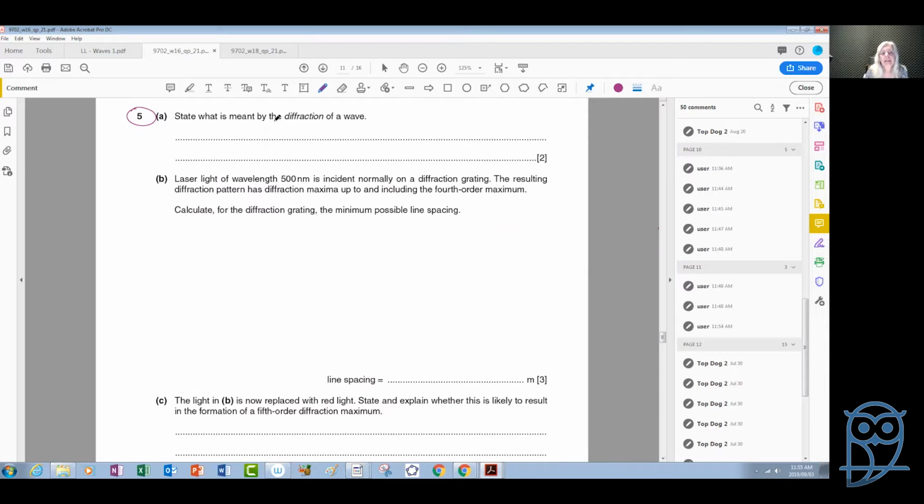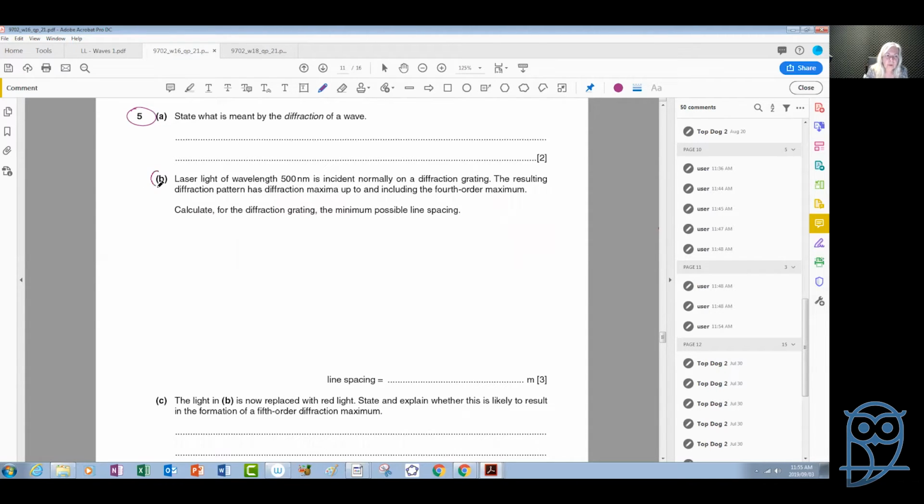State what is meant by the diffraction of a wave. In general, diffraction of a wave means the bending of a wave, but I suppose here they mean a light wave, in which case they talk about the formation of a diffraction pattern. It is just a definition.